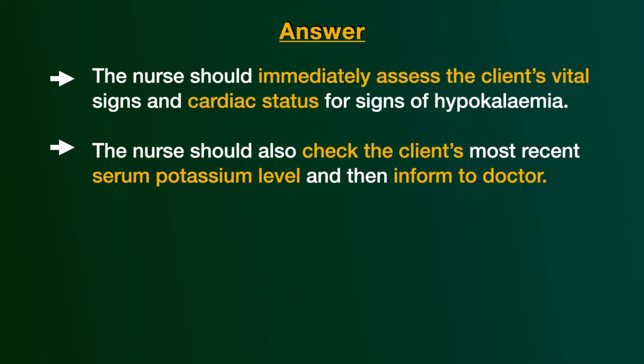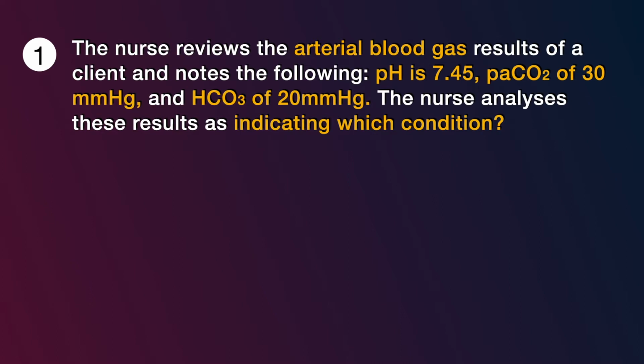So now we will discuss important nursing situations related to acid-base balance. The first question is, the nurse reviews the arterial blood gas results of a client and notes the following: pH is 7.45, PaCO2 of 30 mm Hg and HCO3 of 20 mEq/L.